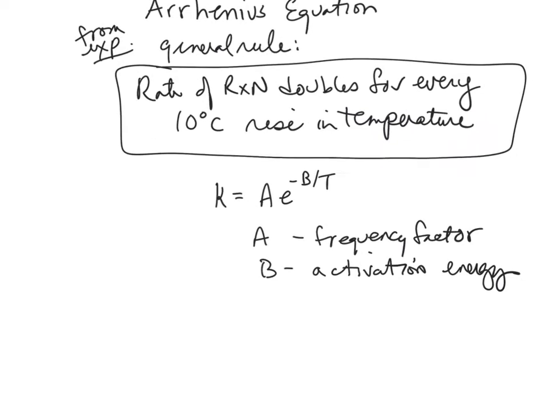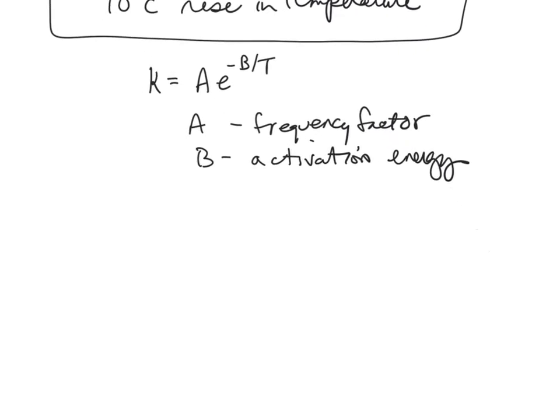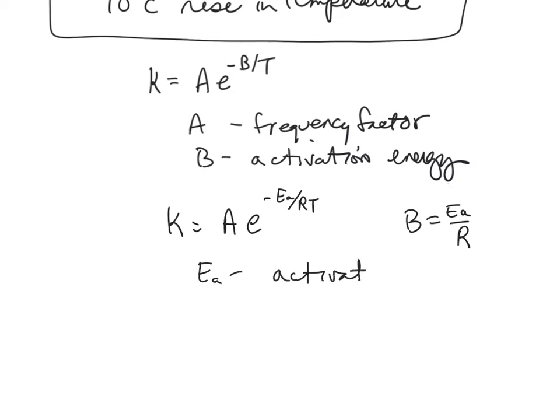And then in time, his equation evolved to e to the minus EA divided by RT, so that would mean B would be equal to EA over R. And the EA is the activation energy needed to get the reaction started.